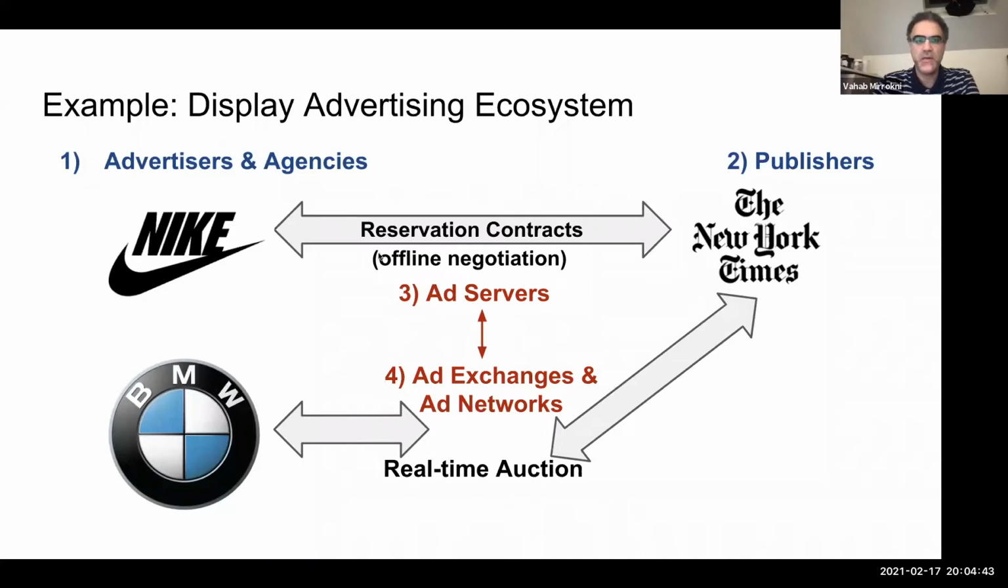And then there are ad servers who help advertisers connect with publishers and show their ads through maybe reservation contracts, and advertising exchanges or ad networks that run real-time auctions. So there are interactions between each of these types of entities. And this is in addition to users who are watching these ads, and they have to be satisfied for sure.